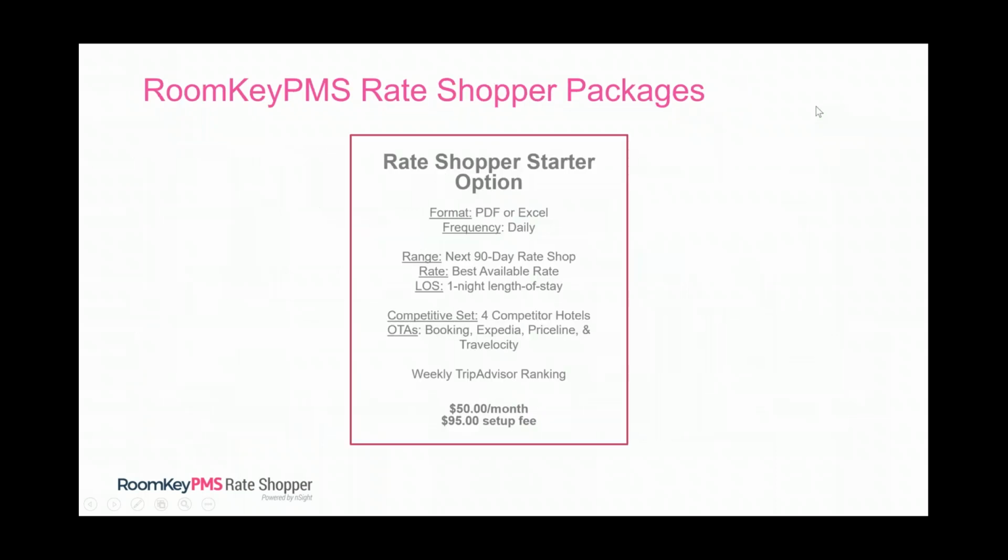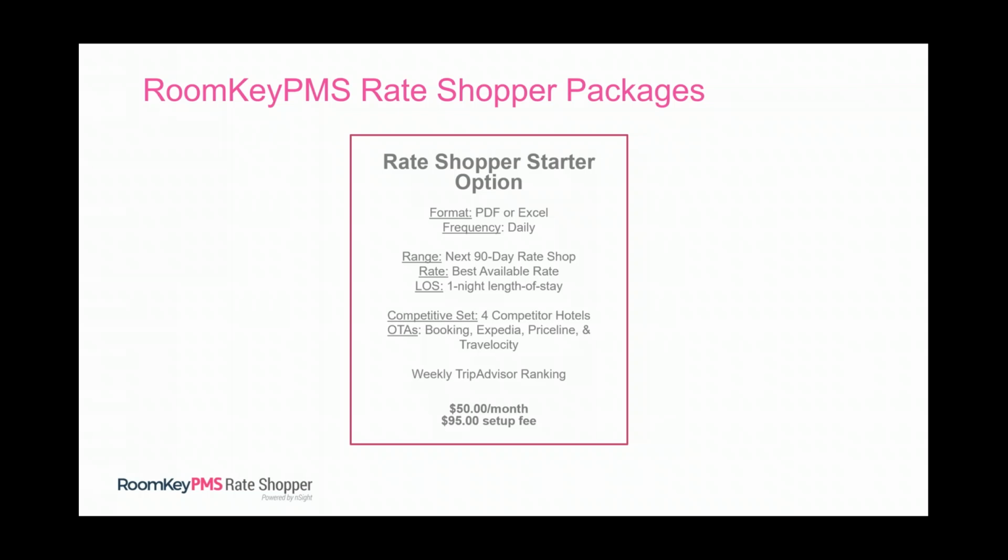So for this new product, we have a starter package at $50 per month with a setup fee of $95. And this includes what Jake explained earlier. So you would receive a daily report, sent to you via email in PDF or Excel format.